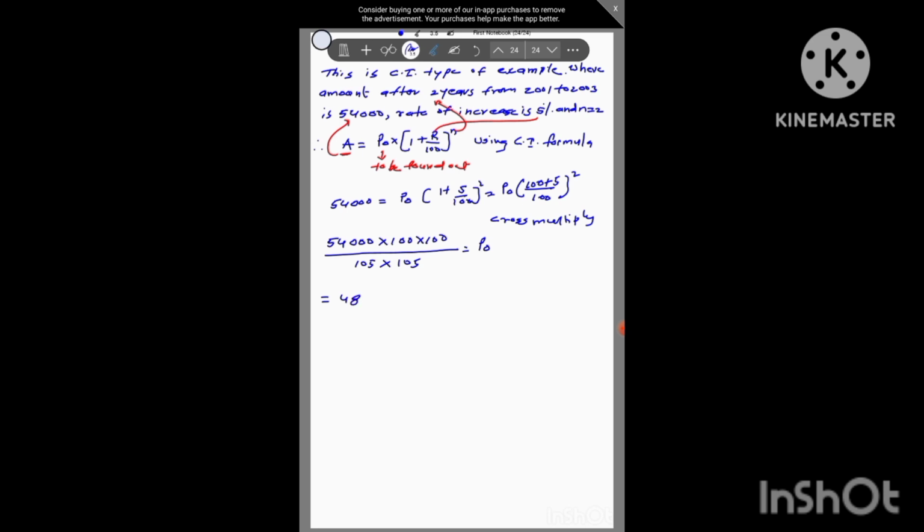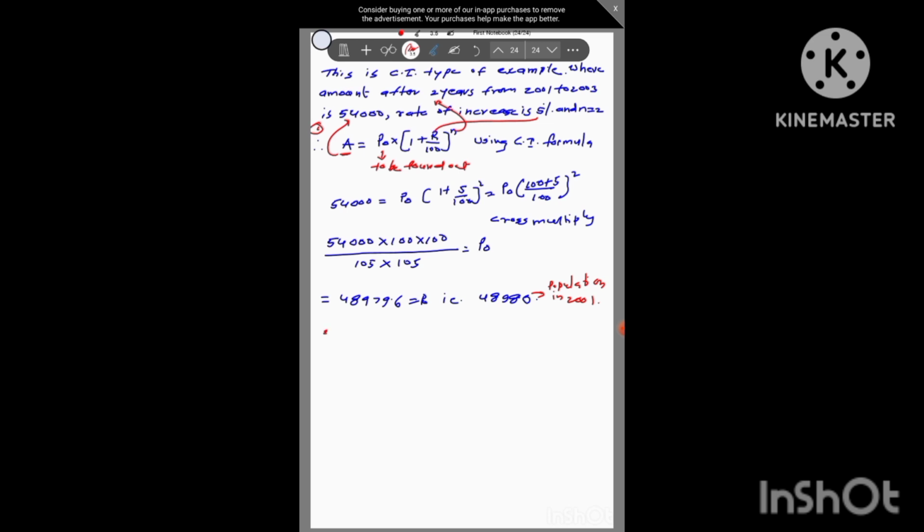Then you multiply or divide by 5, and you get 48979.6, which is approximately 48980. We take the nearest number, as population cannot be a fraction. So the population in 2001 is 48980.